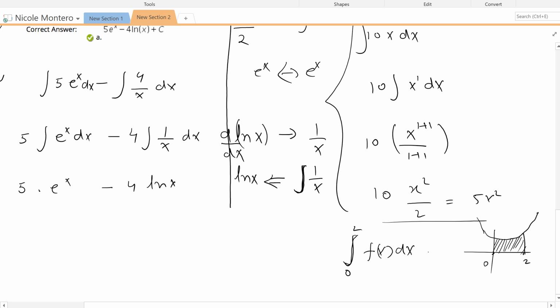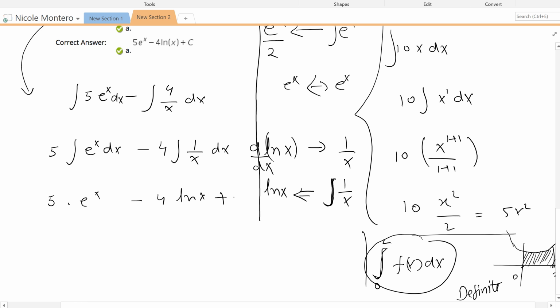So this area is going to be the answer. Those are the definite integrals. Right now we are doing indefinite, and in indefinite integrals, we don't have the limits, so we always write c in the end.